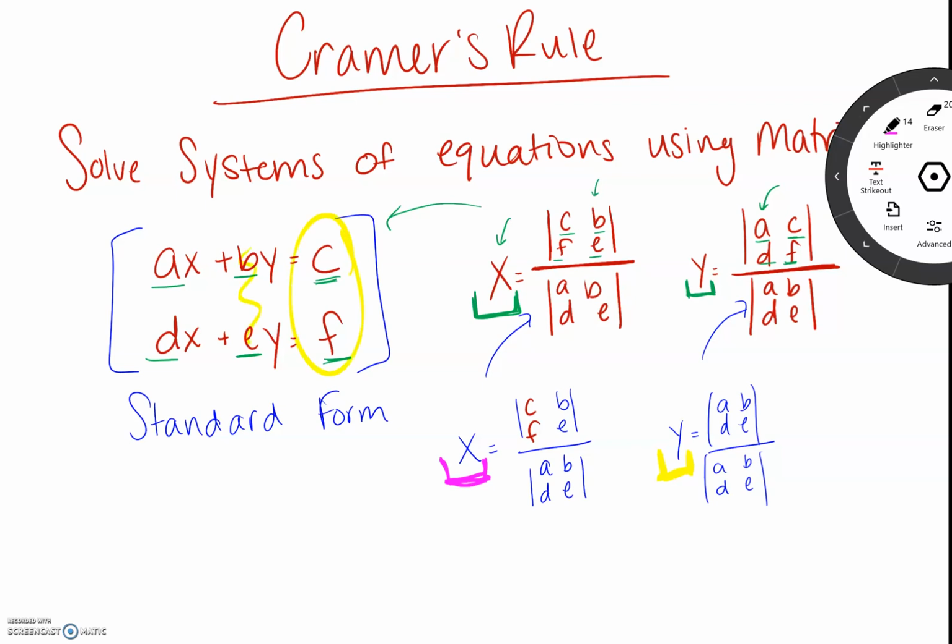We're going to replace the y coefficients with C and F. So the y coefficients are B and E, so we're going to replace those with C and F. And as you can see now, these look exactly the same. Order does matter because we're going to end up subtracting those values when we find the determinant. So yes, order does matter.